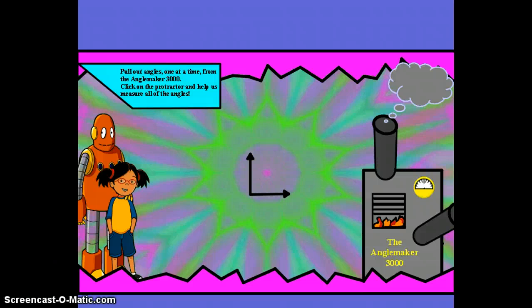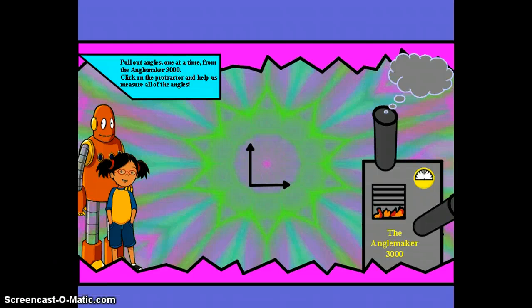So I'm going to do that the easiest way that I can think of. And I'm going to make this a little bit longer. There we go. All right, there we go. I've made my line longer. And this one I'm going to make longer going up.